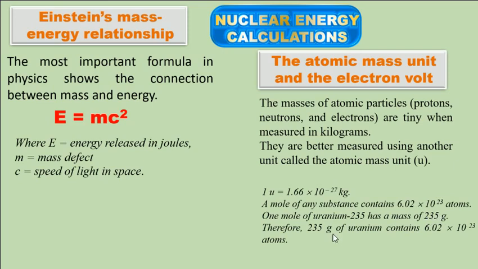And therefore 235 grams of uranium-235 will contain 6.02 times 10 raised to the power 23 atoms. That's a very large number. These are very important as we are going to be dealing with nuclear energy calculations, and you need to understand this. Please don't forget this. Write it down somewhere and keep it very close to you.